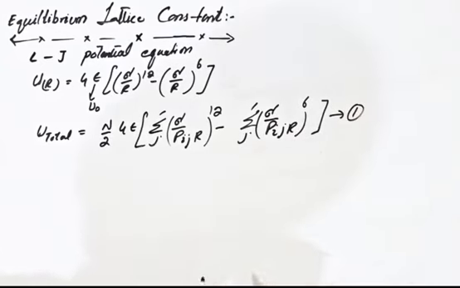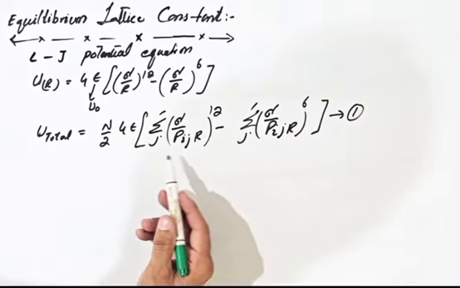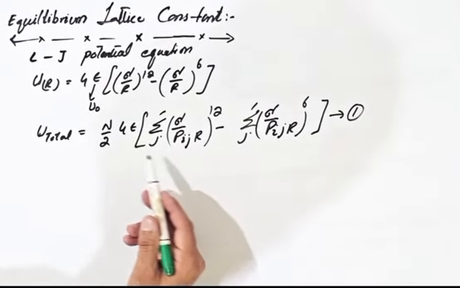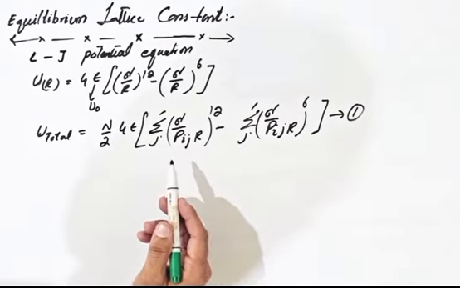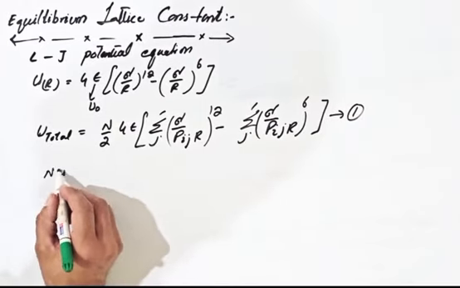This is equation 1. We have ignored the kinetic energy interaction just for the sake of simplicity and ease of calculation. Here N is the total number of atoms.